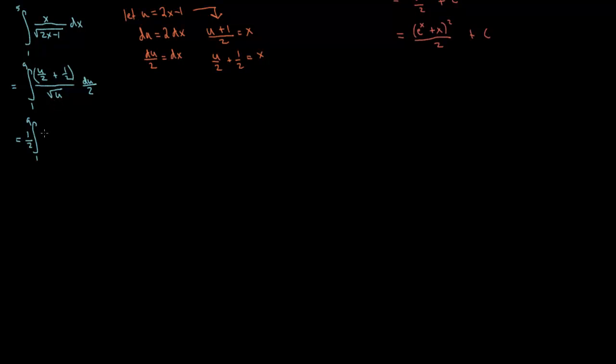We could rewrite this as 1 over the square root of u times, so I'm flipping the denominator and multiplying by the numerator, u over 2 plus 1/2. That looks a lot better. And then I, of course, have a du out there.